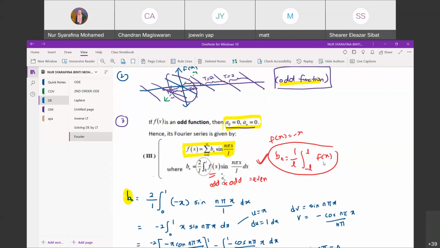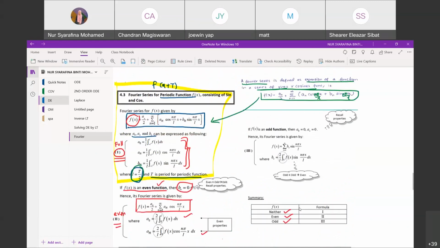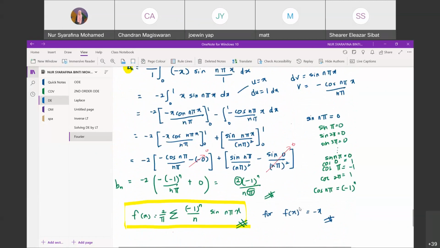So that's why it is important to simplify by using the properties given here. That is the importance of understanding the properties of even and odd functions. So now what we are doing is applying the integral properties in order to obtain this Fourier series expansion. Now let's try another example.